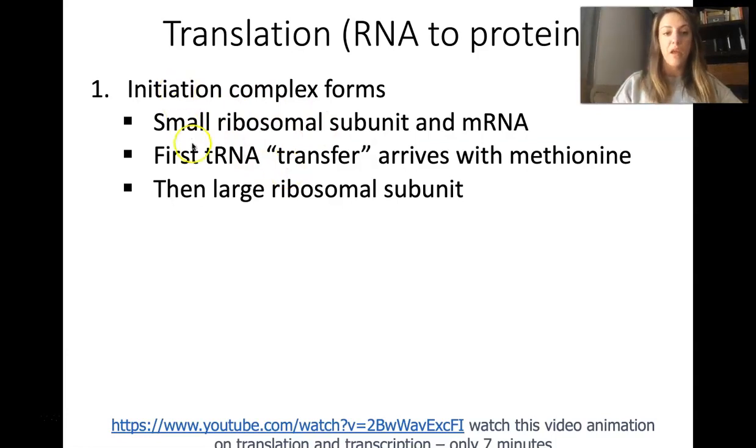Okay. Then to start it, you need to have tRNA. So the second kind of RNA, tRNA or transfer RNA, is going to be the RNA that reads the mRNA molecule and starts to add amino acids onto that chain. Okay.